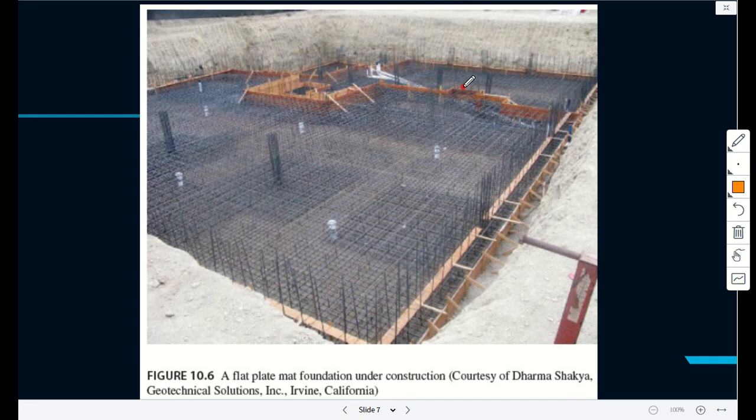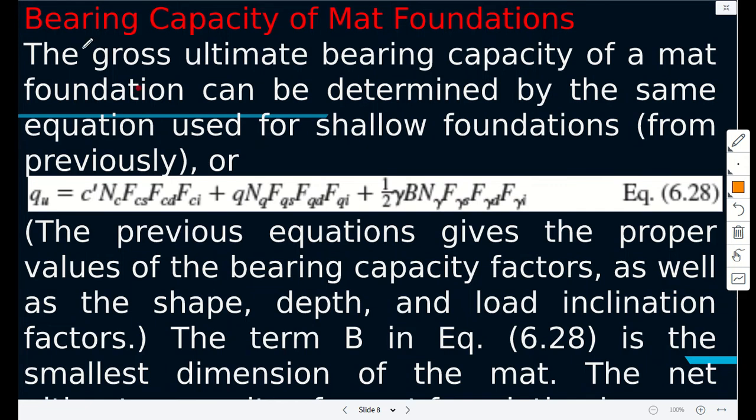So this is a mat footing in reality in California. Is it California? Yes, in California. You can see some columns here, there. I think column here, here, columns there, there. So one big mat foundation, as you can see.